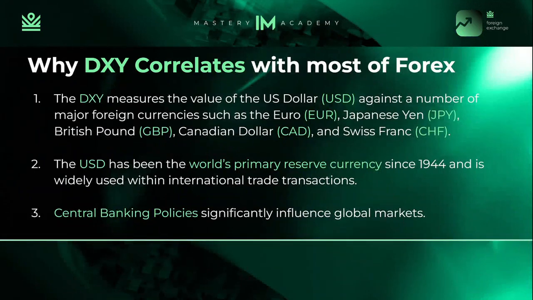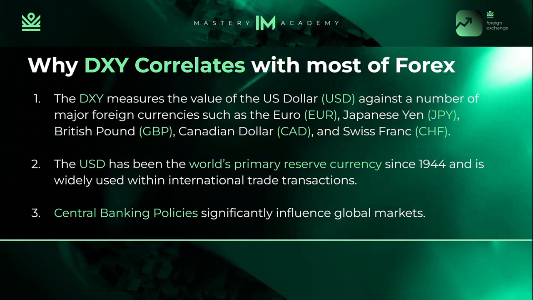The US dollar index correlates with most of the Forex market because of what the DXY represents. The dollar index measures the value of the US dollar against a number of major foreign currencies, such as the euro, Japanese yen, British pound, Canadian dollar, and the Swiss franc.